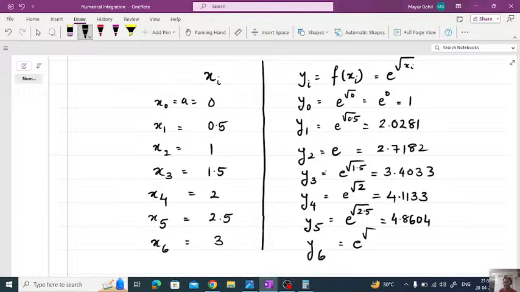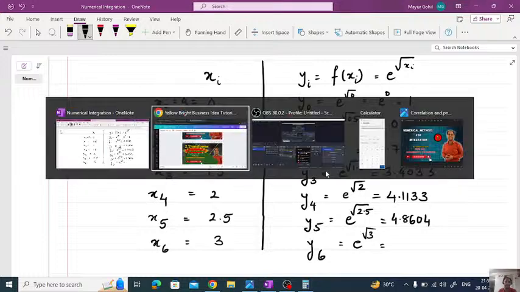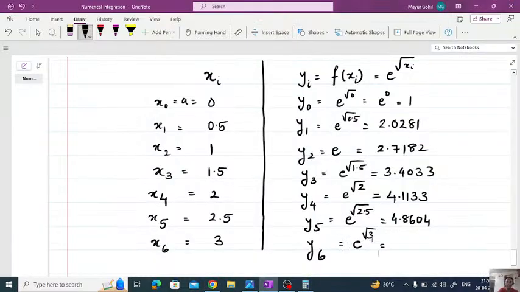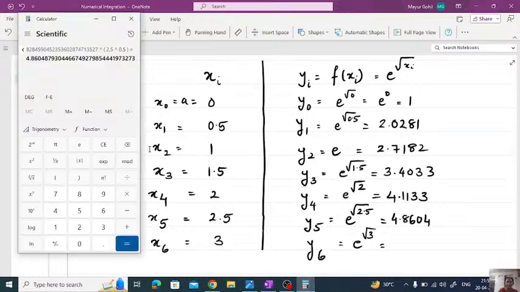So here we will have root 3. So e to the power root 3, exponential of root of 3 we have to take, right?